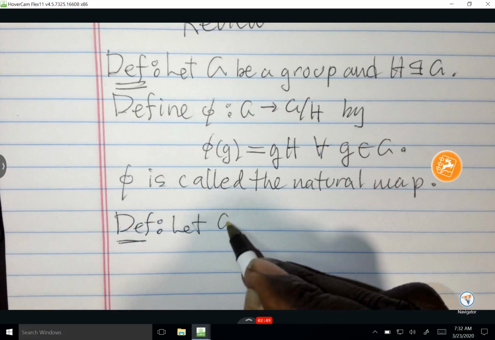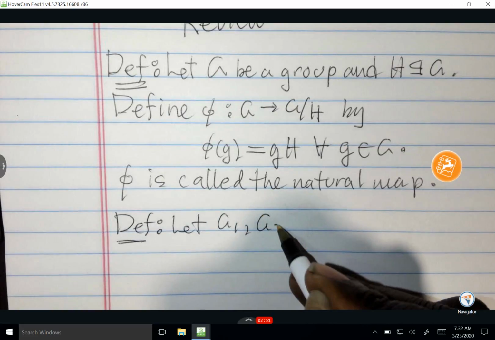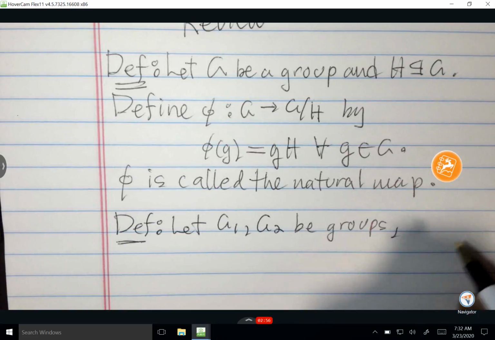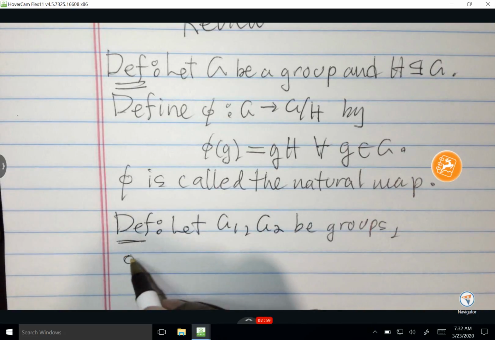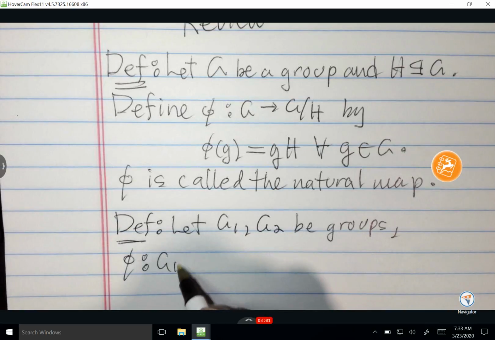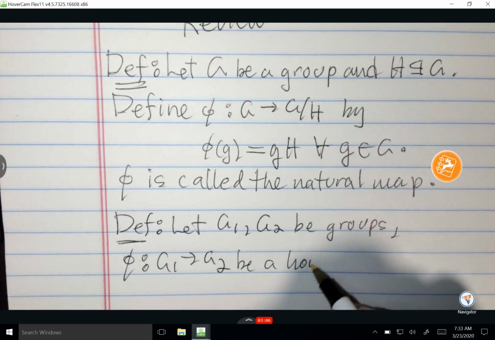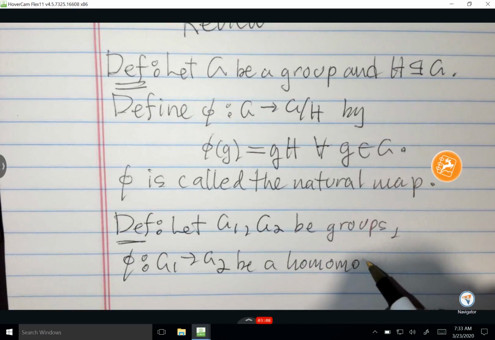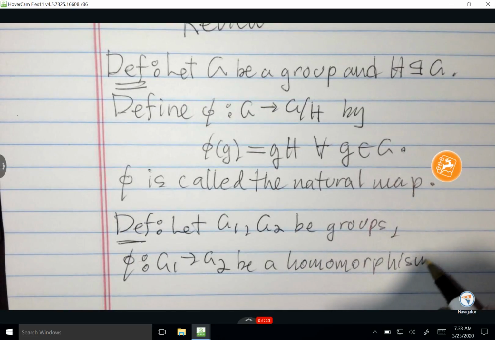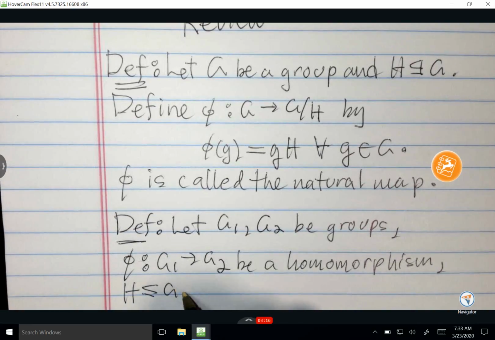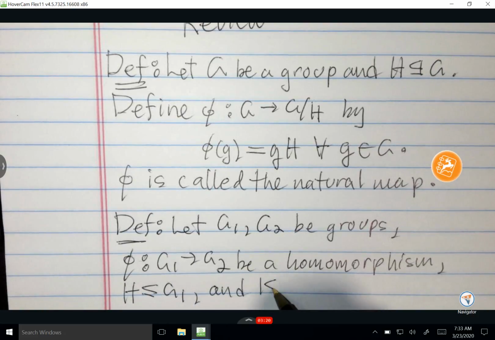Let G1 and also G2 be groups, phi going from G1 to G2 be a homomorphism, H be a subgroup of G1, and say K be a subgroup of G2.